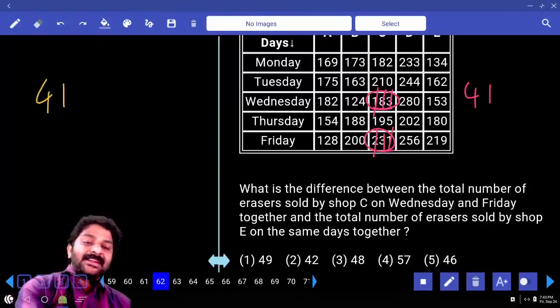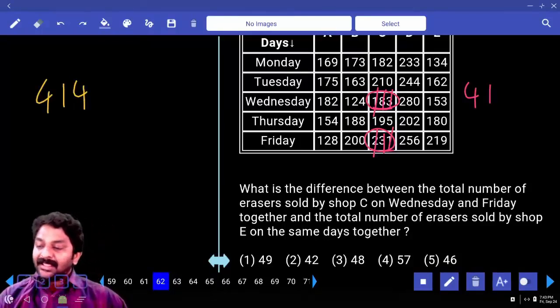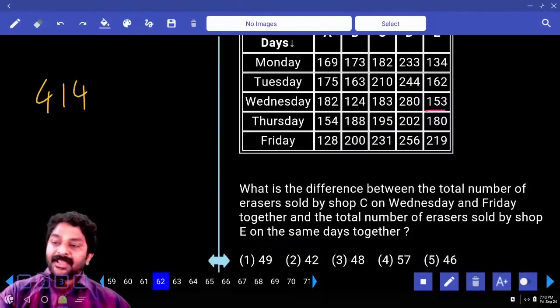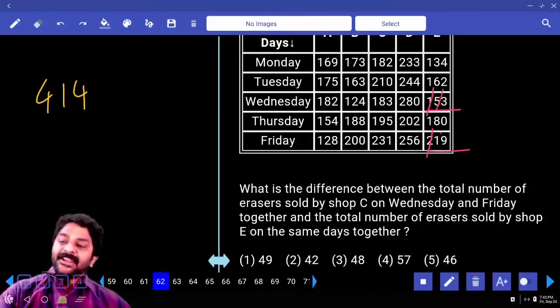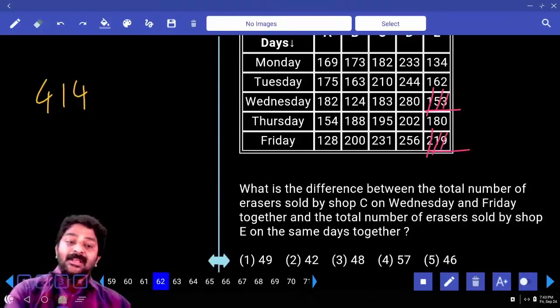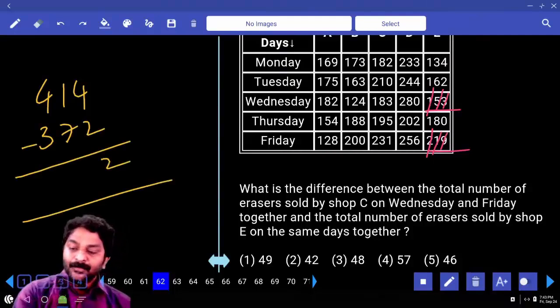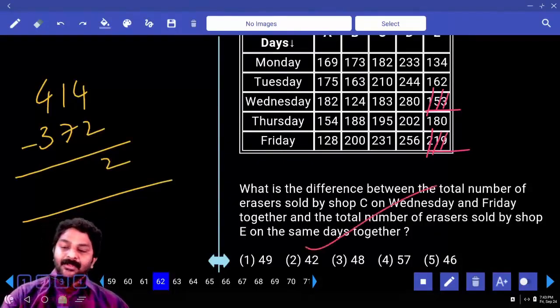So you are asked to calculate the difference between this and another number, which is erasers sold by shop E on the same days together. E on Wednesday and Friday. 100, 200, 300, 50, 10, 60, 360 so far. 3 plus 9, 12. So 372. Answer must end with 2. How many are there? Only one. 42 final.